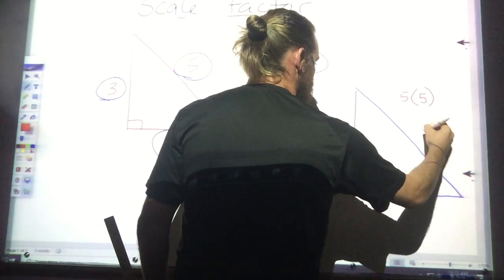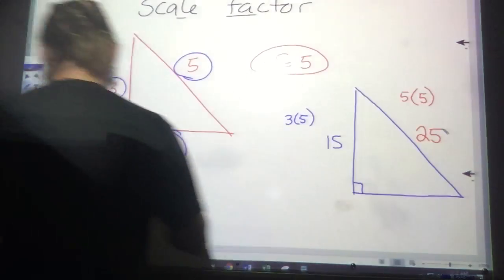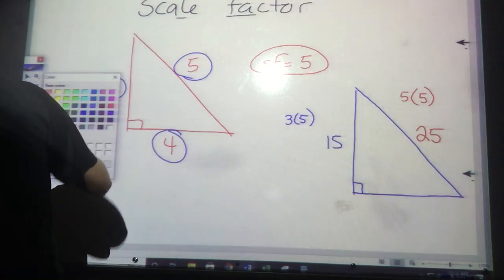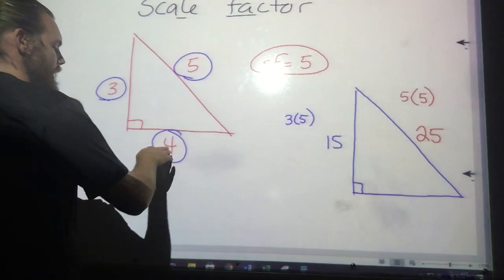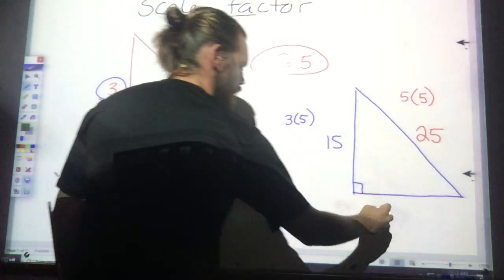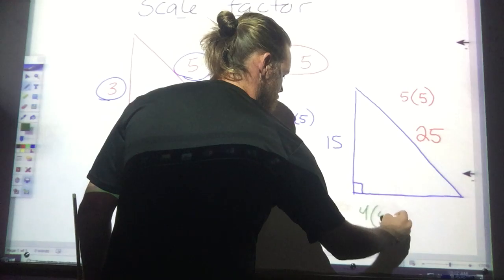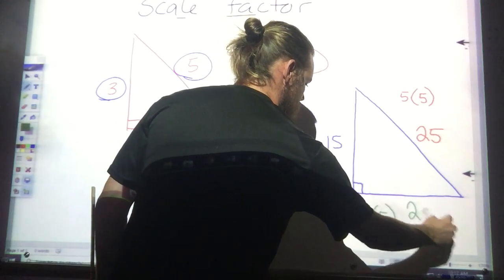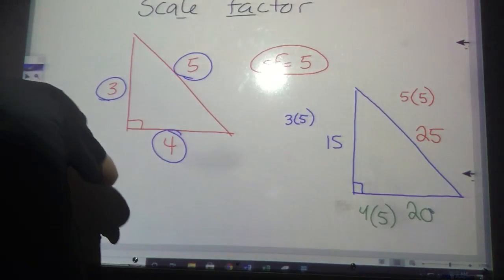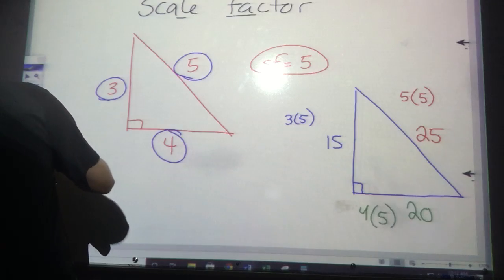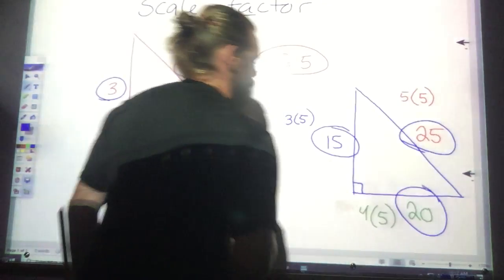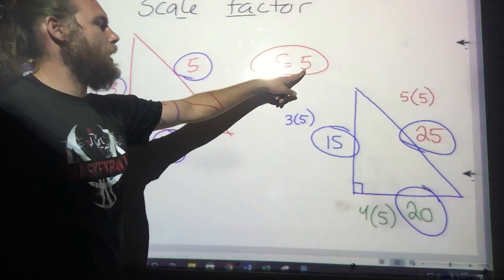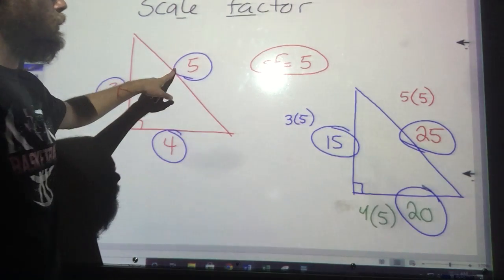Okay, that's going to give me a value of 25. And then to get that last measurement, I'm just going to take the original one and multiply by the scale factor. So now you have your new values, which are 5 times bigger than the original.